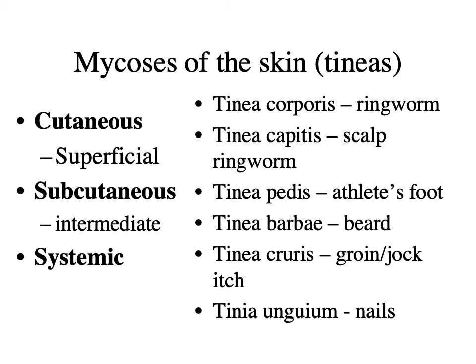It's interesting to me that we actually have anatomical regionalization of fungal infections. The three, cutaneous, subcutaneous, and systemic, though, I want you to be able to see the difference.